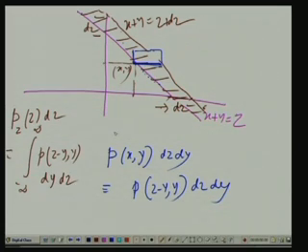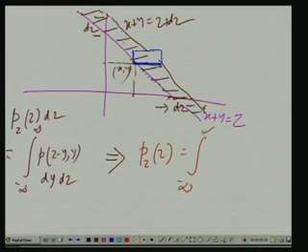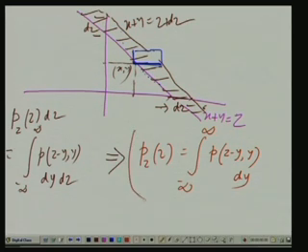You can cancel dz from both sides. This leads to the following. Okay, this is the relation.